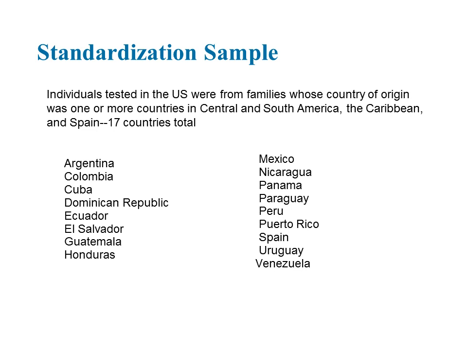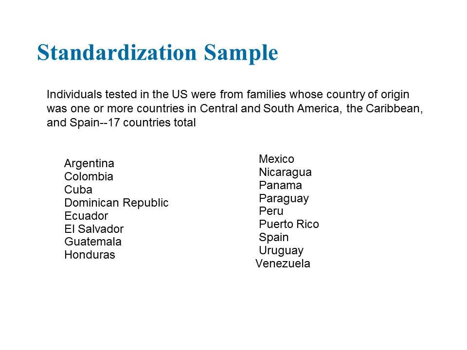In order to represent a wide variety of individuals who speak a wide variety of Spanish dialects, the sample included individuals living in the United States, Puerto Rico, and Mexico. For additional dialectal variation, the primary caregiver reported the country of origin, and countries included Argentina, Colombia, Cuba, Dominican Republic, Ecuador, El Salvador, Guatemala, Honduras, Mexico, Nicaragua, Panama, Paraguay, Peru, Puerto Rico, Spain, Uruguay, and Venezuela.